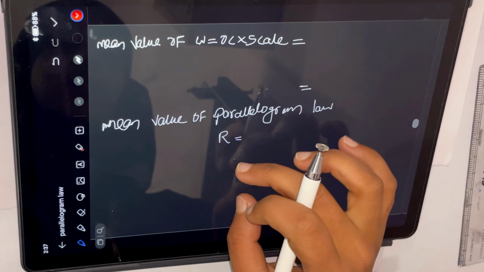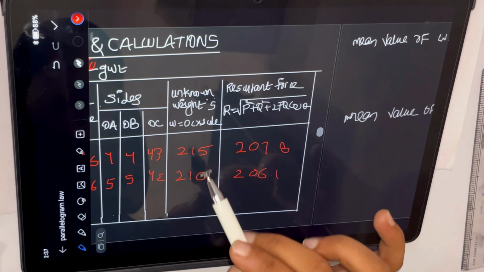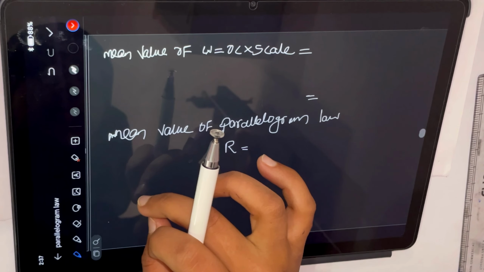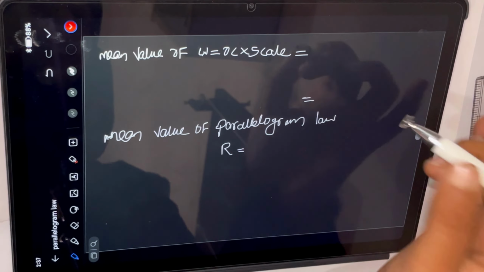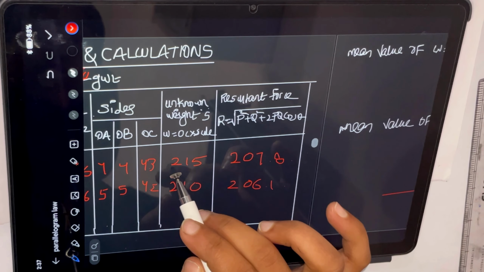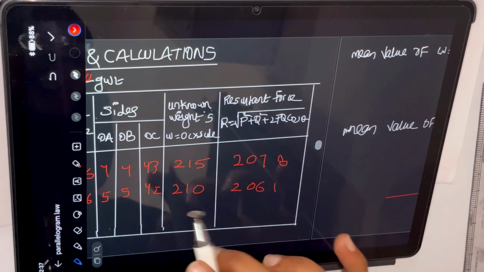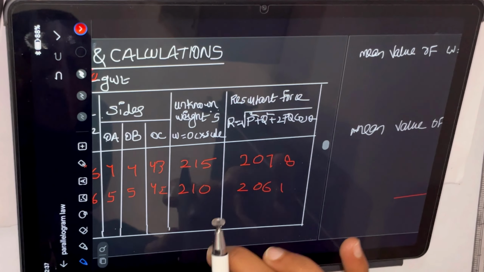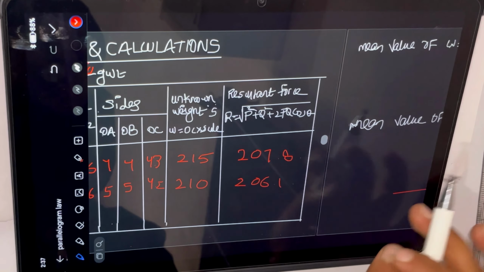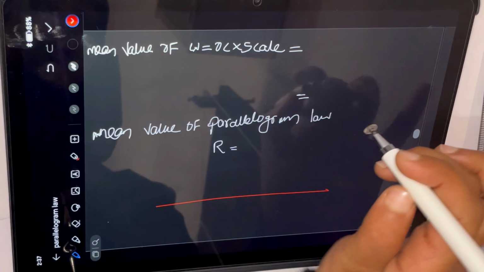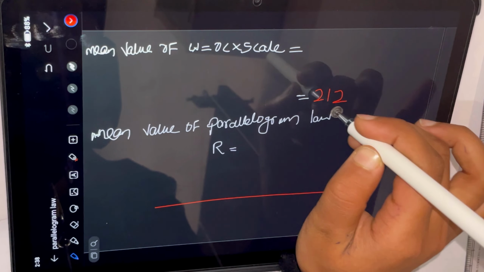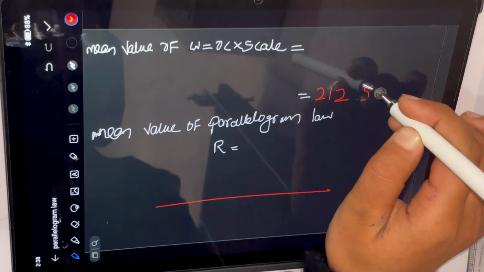Now we have to find the mean of two things. Firstly we find the mean of these two, then we find the mean of these two. As you can see, I have already written here. The first one is 215 plus 210 divided by 2, right? We have to find the mean, so we add them and divide by the number of observations, which is approximately equal to 212.5 gram weight.